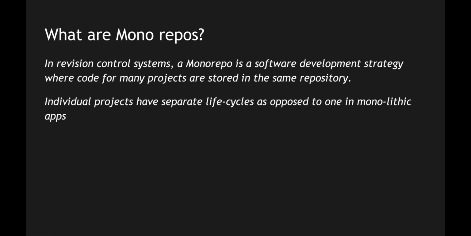However, individual products can have separate life cycles as opposed to one in a monolithic app. In case of the monolithic app, we know that the whole project is deployed in one go, right? But in case of monorepos, it doesn't happen the same way. You can have individual products or individual projects within the whole repo have separate life cycles compared to what we had in monolithic apps.